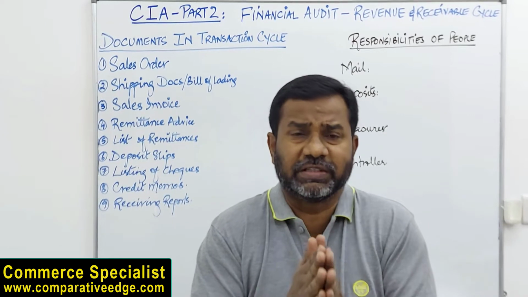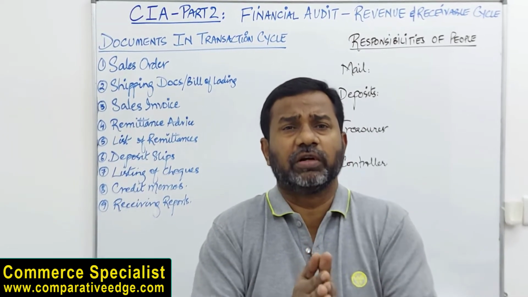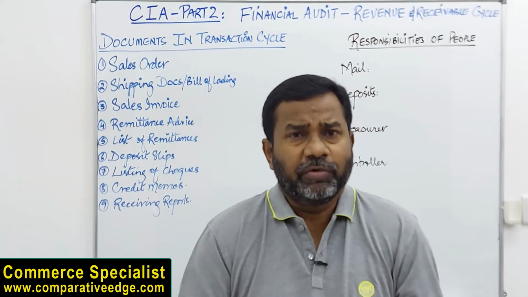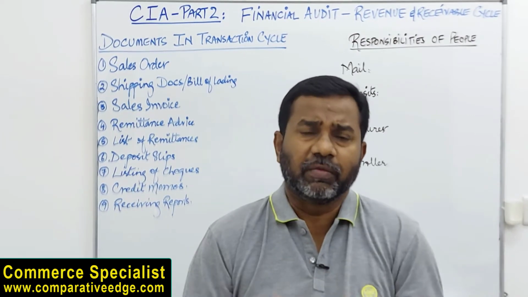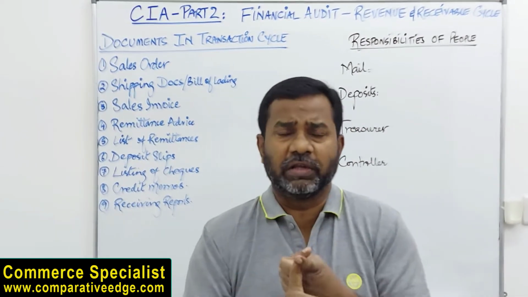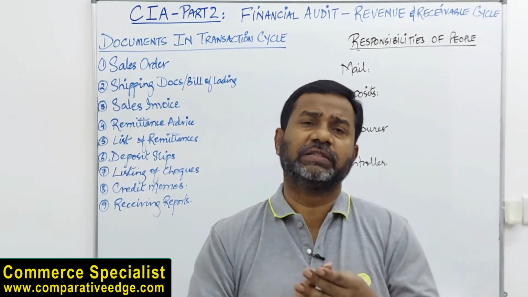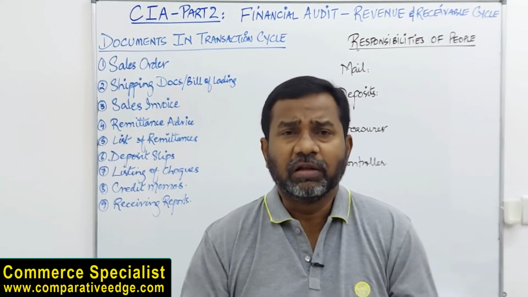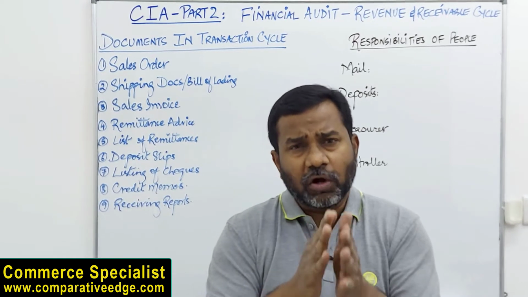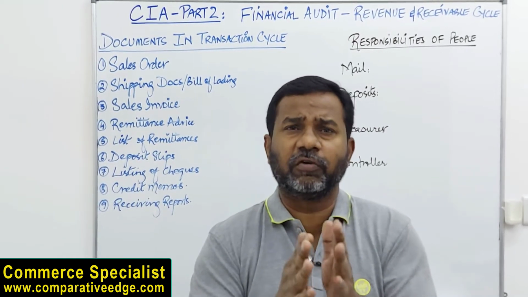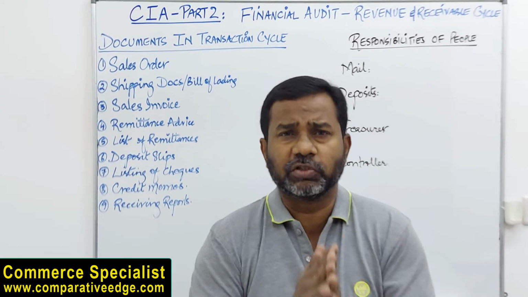A sales invoice is a bill which is initiated for payments. Obviously, we're delivering goods, the customer has to pay. So if there is a sales order, there has to be a shipping document, dispatch document, and a sales invoice also. And all these documents should have similar information which complements each other.